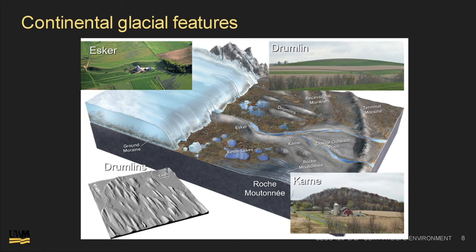Drumlins are very common throughout the state as well, but they're a little more smoothed out because they were smoothed by the path of the glacier. There could have been a mound or a large outcropping to begin with, and then when the glacier moved across it, it deposited or smoothed out whatever was already there.